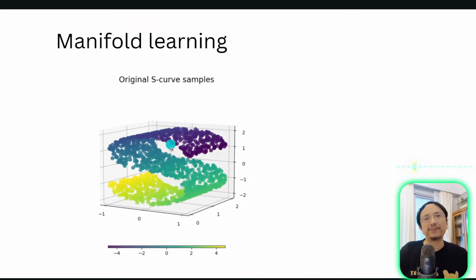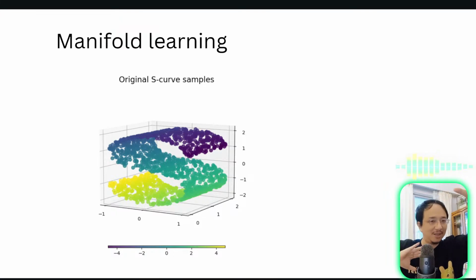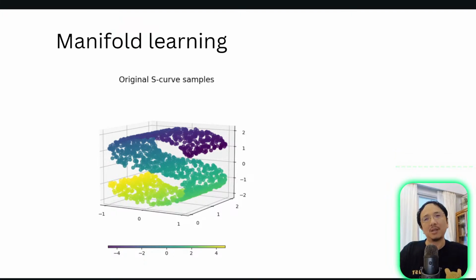That is the question. So a lot of the time we assume our data resides inside the high-dimensional space, sparsely, in a way that they form a manifold. This is an assumption. So there are many methods to do that.